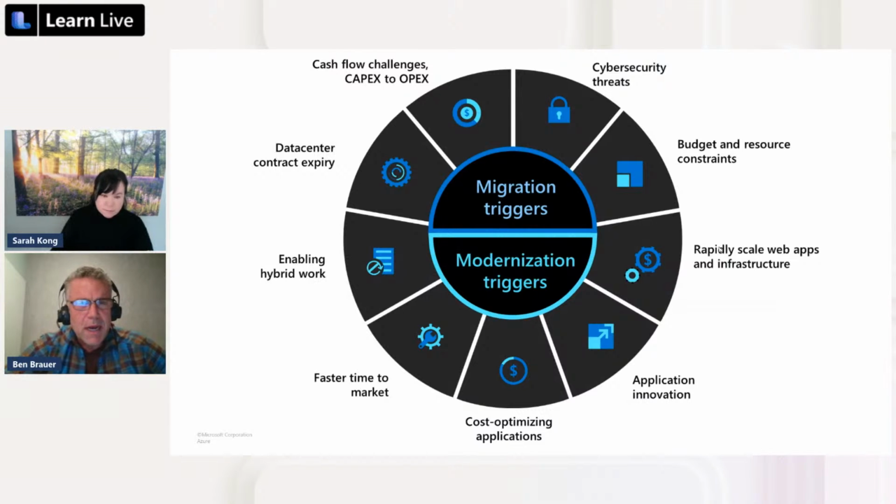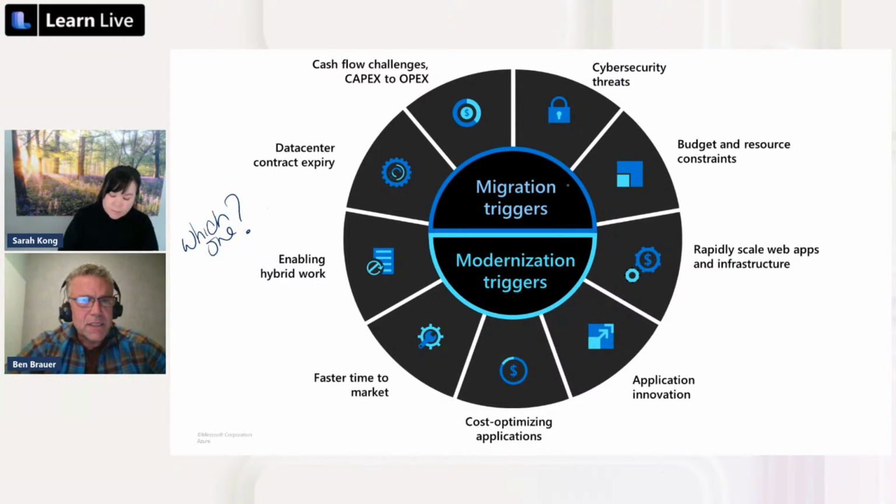One of the most important aspects of migration versus modernization is the question: should you migrate or should you modernize the application that you want to bring onto Azure? The primary thing to think about, and this is brought up several times in the Learn module, is that migration triggers are going to be more IT oriented.